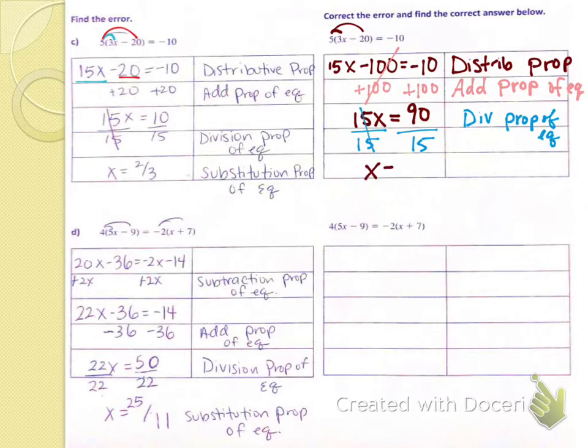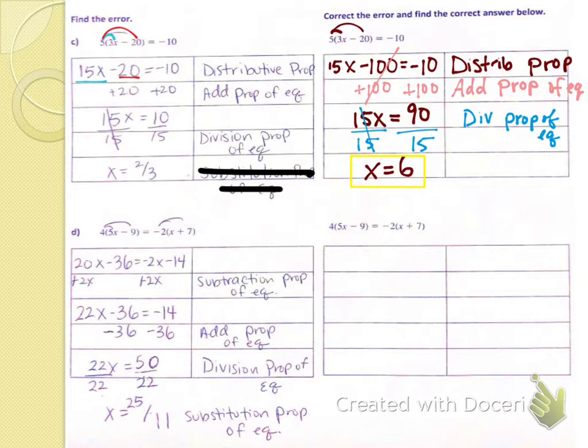So then x equals 6. I know if you look over here, I put substitution. Technically, 6 could be substituted for x, but we are not going to have to write that this year. So you can go ahead and cross it out. The only time I want you to write substitution property is if you substitute it back in for x.